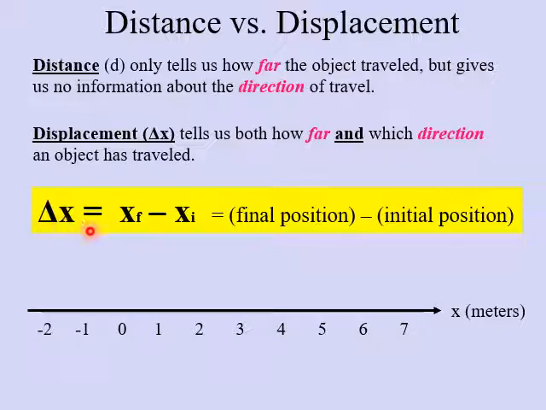So if we have delta x, it's going to be x final minus x initial. So that little subscript, the f, is for final, and the little subscript here, it's just like a name tag. The i is for initial. So xf represents the final position of the object, and xi represents the initial position of the object. And so what we're going to do in the next slide, we'll show some examples. We're going to be subtracting these two positions to get our displacement along this x-axis here. So let's go ahead and look at some examples.